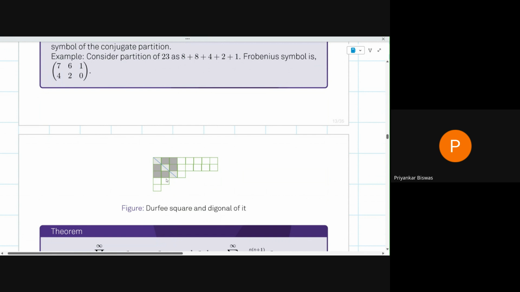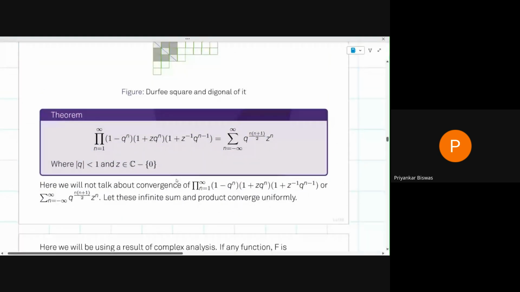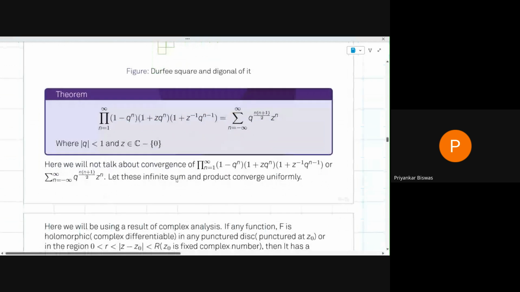This is 4 and 2. So the first entry, the 1 comma 1 entry, is 7. Then this is 6, and then 1, and then this is 4, 2, and 0. Is this part okay? Yes. So now we'll go into the proof.